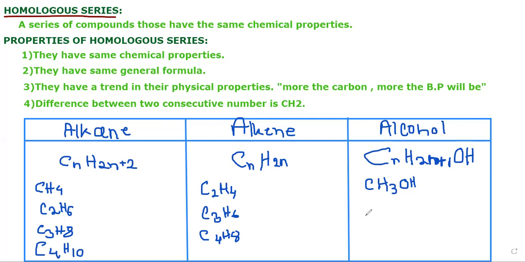Next, we are going to write ethanol, that is C2. So 2 times 2 is 4, plus 1, that is 5, and OH. This one is ethanol. Now we are going to write propanol, the last one, C3. 3 times 2 is 6, plus 1, 7, and OH.